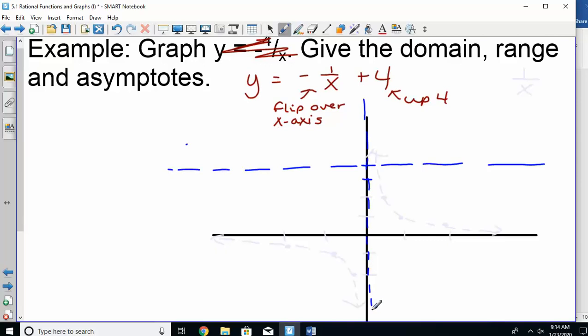So if I flip this, my point -1, -1 would come up to 1, 1. And then we go up 4. And -1/2, -2. We'll go to -1/2, +2, and I flip it. And then we're going up 4.